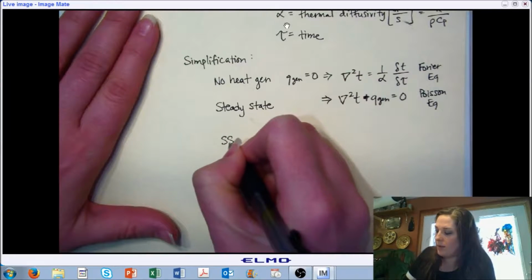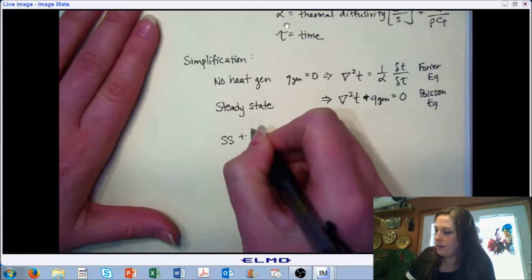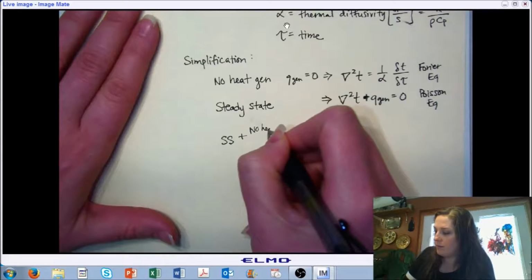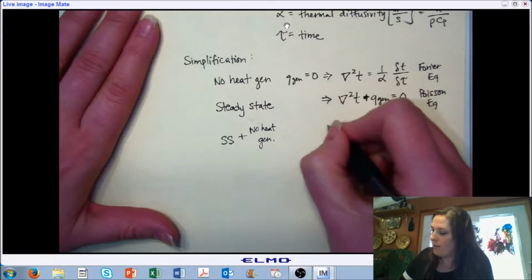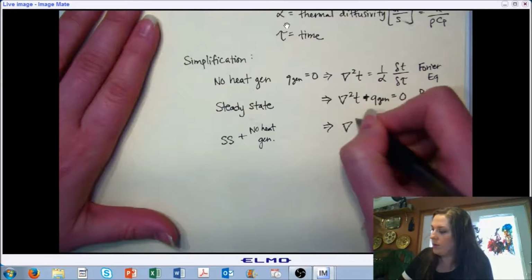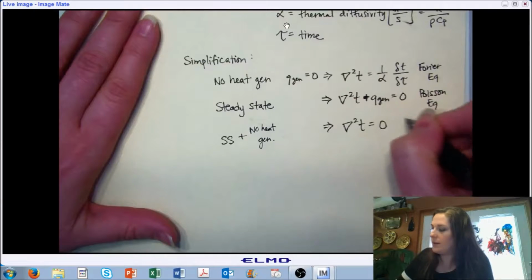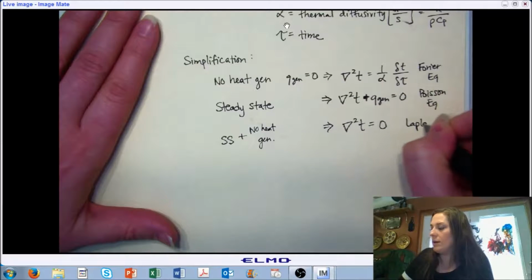And if we put the two of those together, steady state and no heat generated, then our equation drastically simplifies and looks a lot like a Laplace.